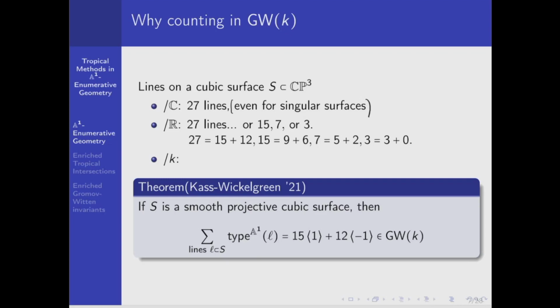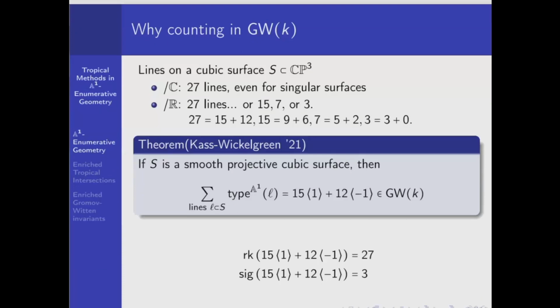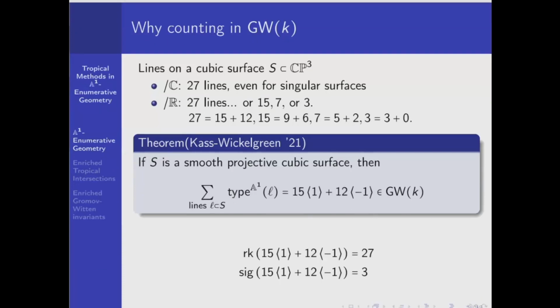And well, if you see here, this is a quadratic form of rank 27, and the signature is 3. So that remark I put here tells me this computation records what is happening for the complex case and the real case, but this is an invariant that works for an arbitrary field.